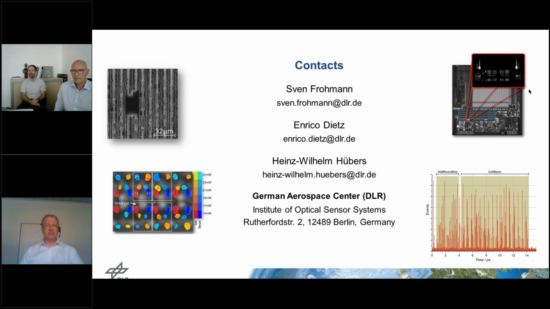Do you know if anyone did IC inspection with a detector that was working beyond 1550? No. Okay. So far, as I said, there are two things: first the wavelength, of course, and the intensity.